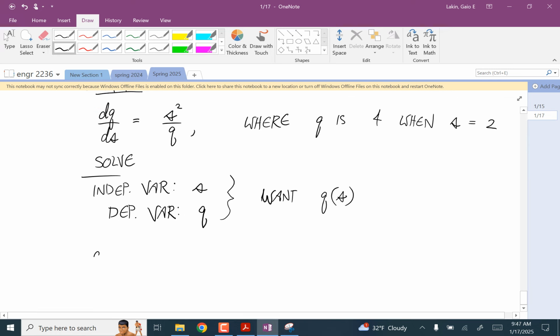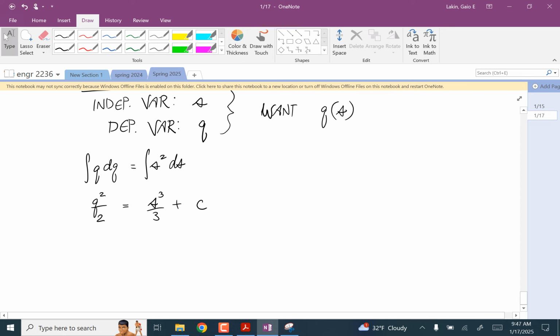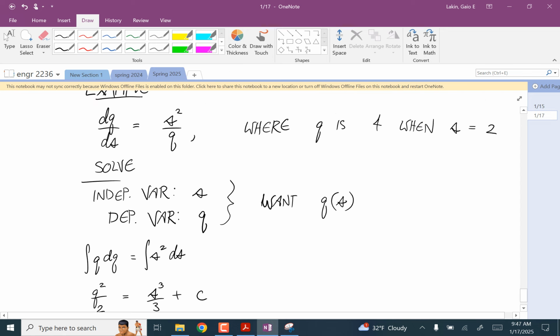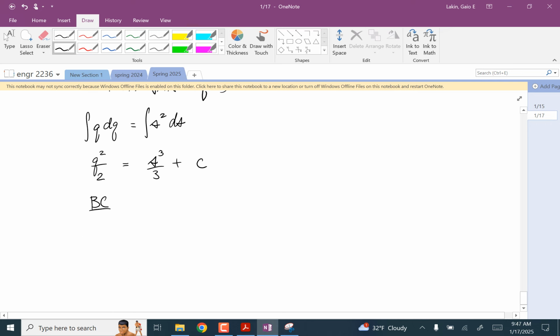Okay, so we have Q dq is equal to S squared ds. So integrate both sides. Q squared over 2 is equal to S cubed over 3 plus C. Now we can use the boundary condition. And it says that Q is equal to 4 when S is equal to 2.